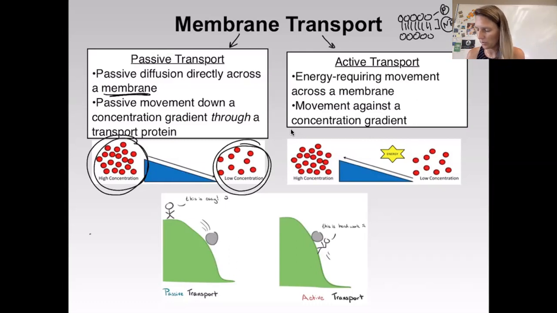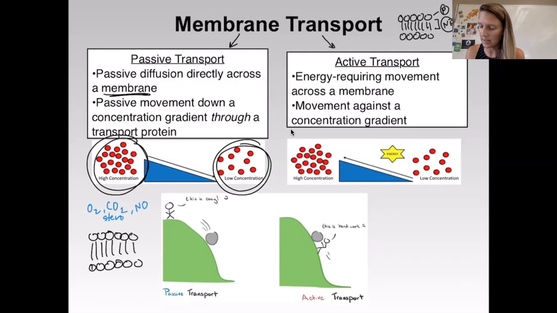And the two or three things that we talked about that can directly, passively just diffuse through are gases, O2, CO2, we're going to talk about nitric oxide sometimes, and those steroid lipid molecules. So they can go straight down through the plasma membrane, but remember, they are always going from a high concentration to a low concentration. If, for example, there was a lot more of these gases in the cell, they would then diffuse down their concentration gradient out.